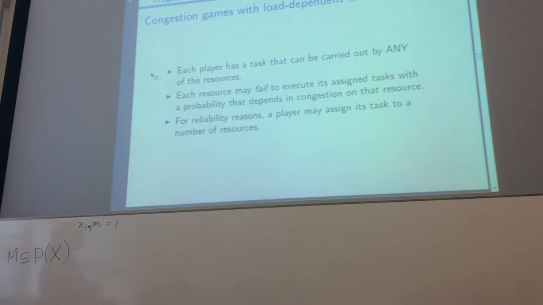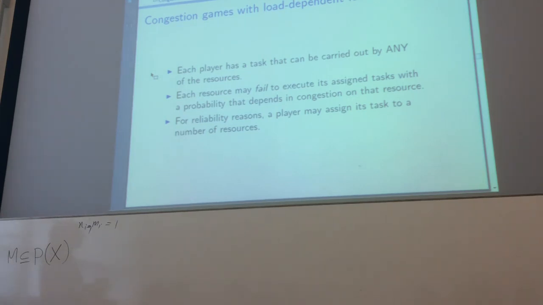Another model was congestion games with load-dependent failures. So the resources may fail. In that setting, each player would have a task, and a task can be carried out by any of the resources. Now, each resource may fail to execute its assigned task with a probability that depends on the congestion on the resource.